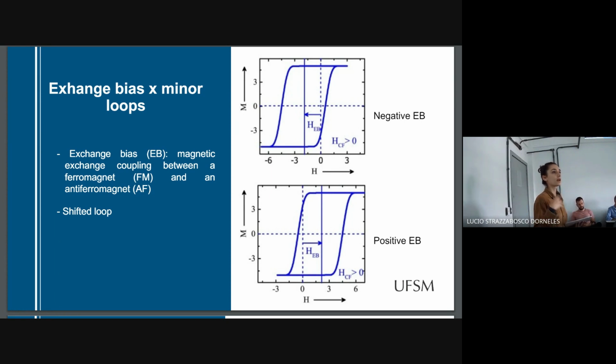So we have shifted loops, but they might be an exchange bias, or that might be just a minor loop. They look the same. So the article shows this problem for us, and it will show us three methods to know if we have our curve saturated or not.